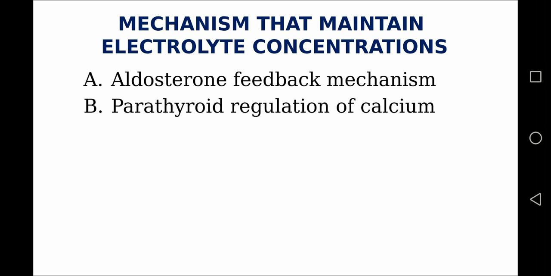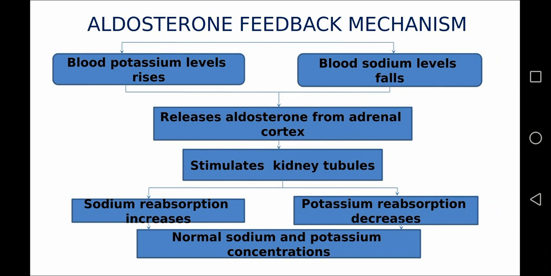Mainly, two mechanisms are involved. First one is the aldosterone feedback mechanism and next is parathyroid regulation of calcium. Let's see the aldosterone feedback mechanism. Here, when extracellular fluid sodium concentration decreases or potassium concentration increases, the adrenal cortex secretes the steroid hormone aldosterone.